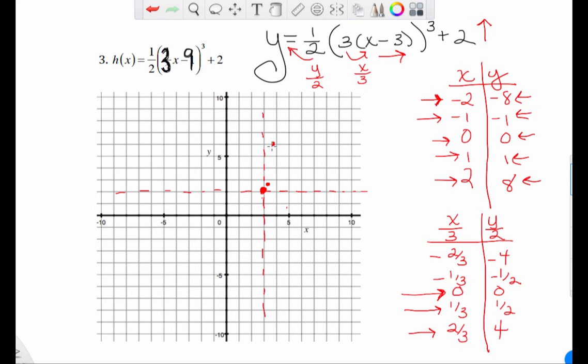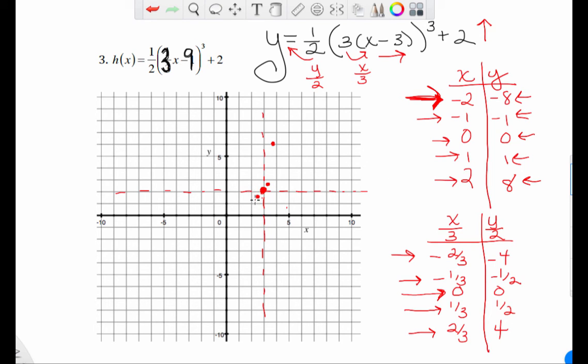And then once you get those 2 points plotted, you can just use a little symmetry and match it up on the other side. But I'm going to do it point by point off the table here. So instead of going left 1, down 1, I'm going to go left a third and down a half. And then instead of going left 2, down 8, I'm going to go left 2/3 and down 4.